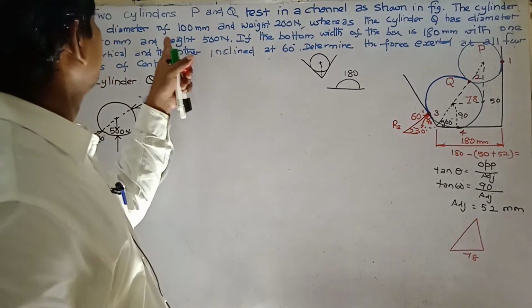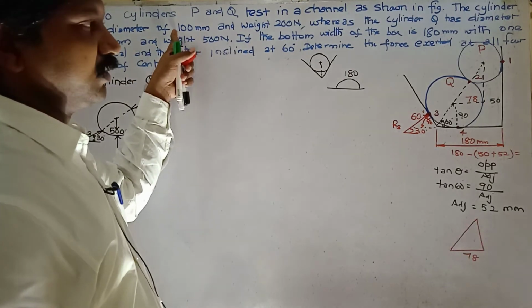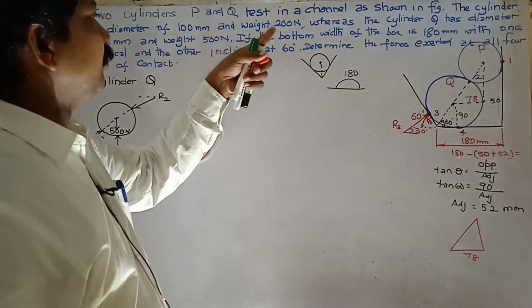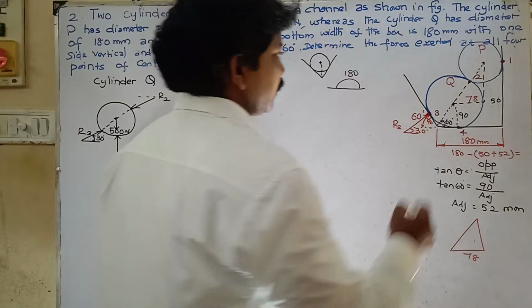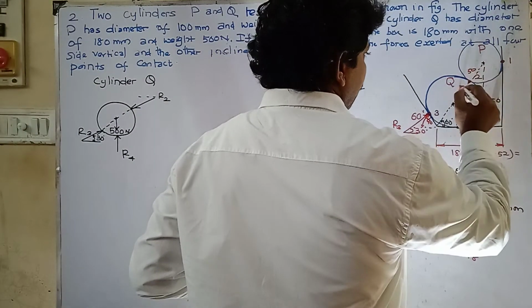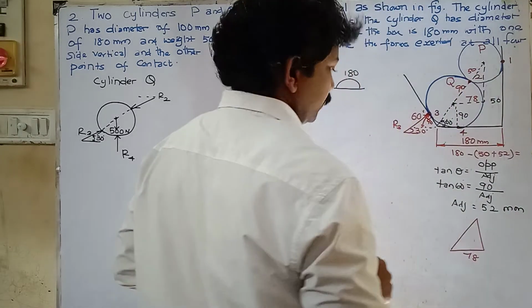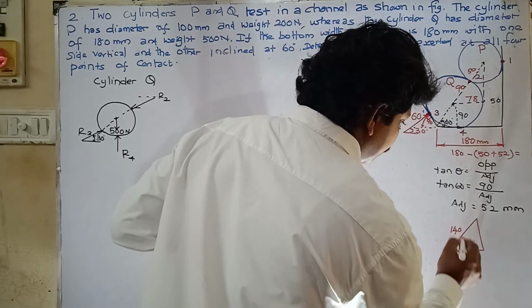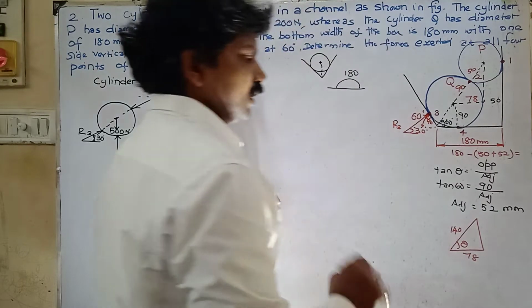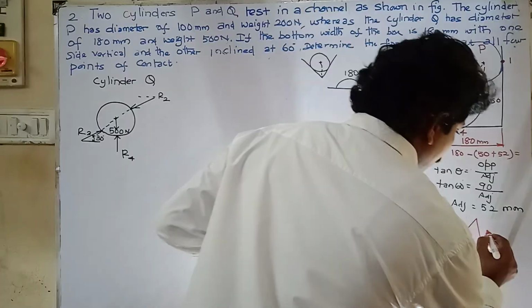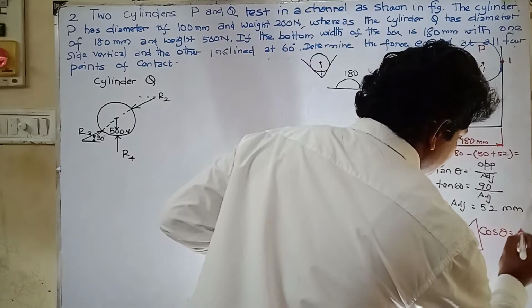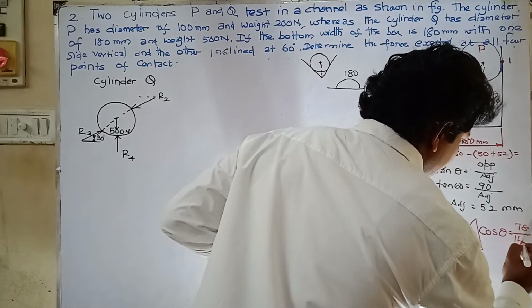P has diameter 100, so 50, plus 90, so 140. Cos theta equals adjacent divided by hypotenuse, so cos theta equals 78 divided by 140.